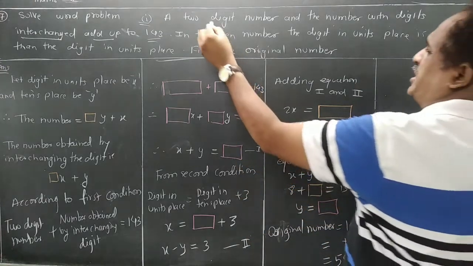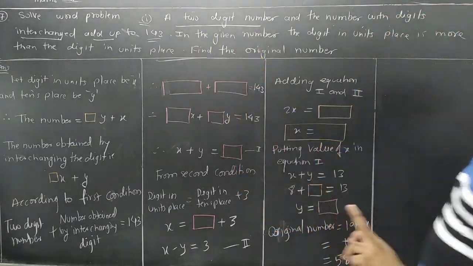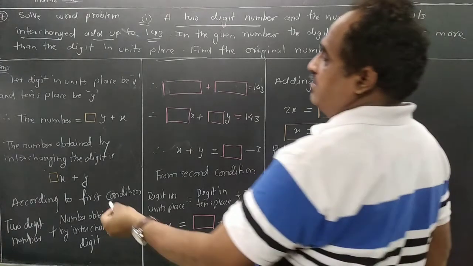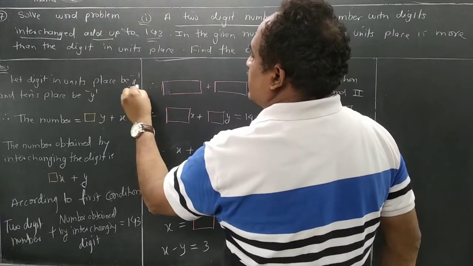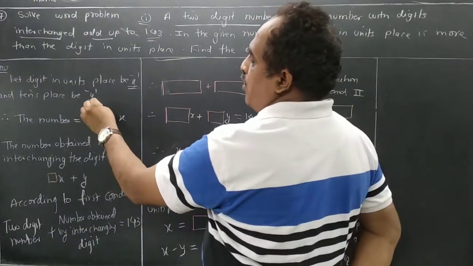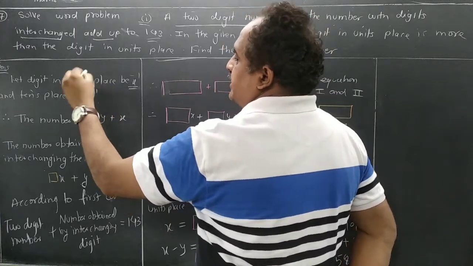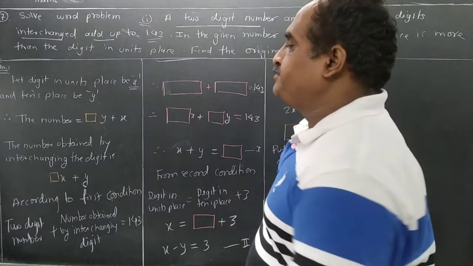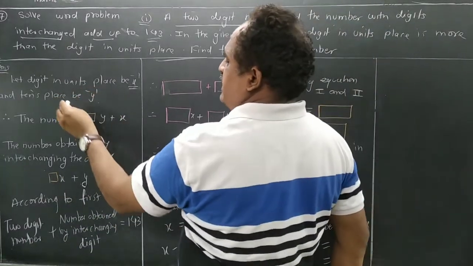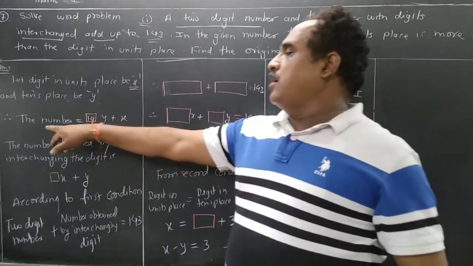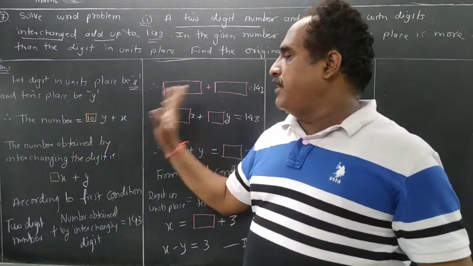For this two-digit number, one will be the digit in tens place, one will be the digit in units place. They have given the digit in units place as x, and the digit in tens place as y. But I told you that for the original number, the tens place has to be multiplied by 10. So what number are you getting? 10y plus x.